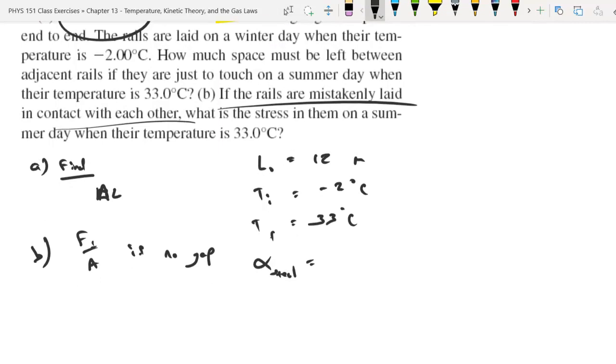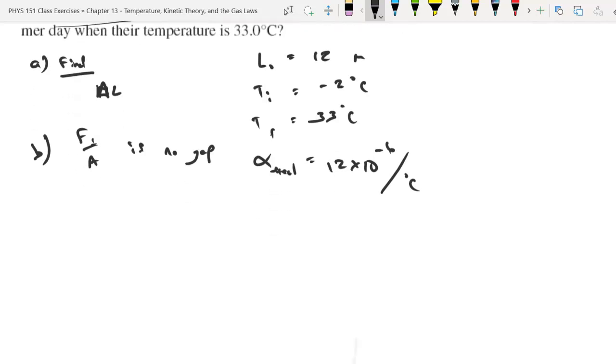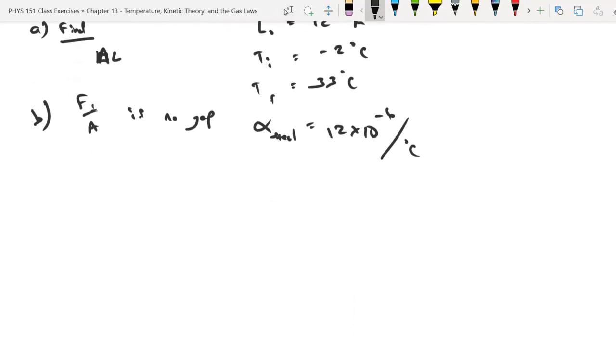This is the same as what we used in the last exercise too, 12 times 10 to the -6 per degree Celsius. So for part A, we just have delta L is equal to L naught alpha delta T.